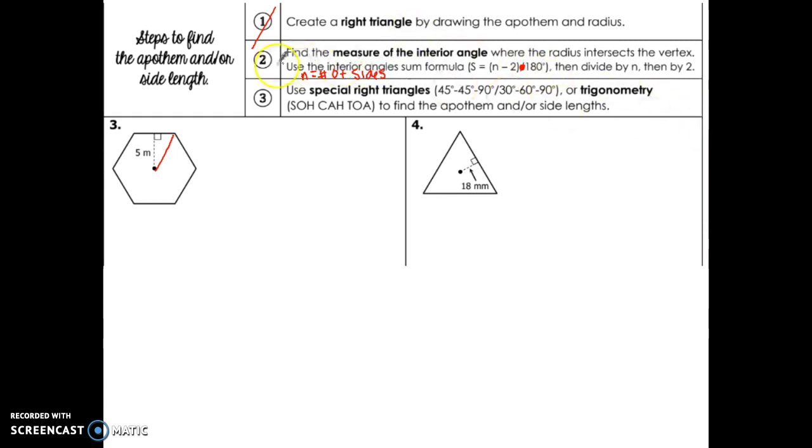So let's go ahead and do that. We would say the sum is equal to the number of sides minus 2. So that'd be 1, 2, 3, 4, 5, 6. So that would be 6 minus 2, and then we would multiply that by 180.